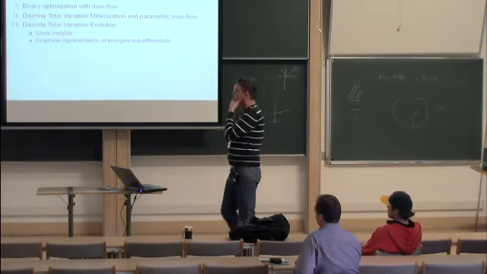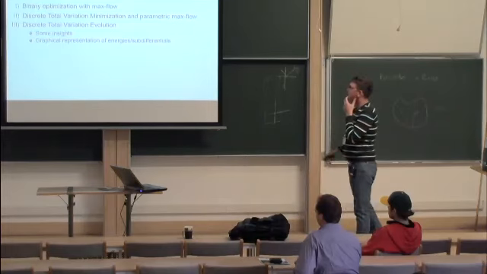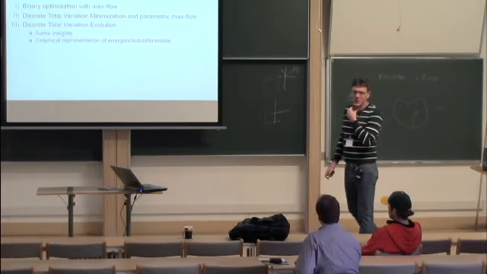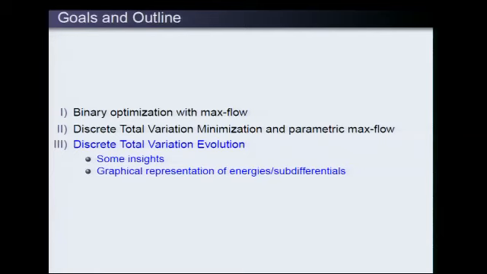Okay, so now I will try to give you some insights about when you want to do some evolution. So it's following the flow of the total variation. And essentially what I'm going to tell you is just more graphical representation, drawing some graph, and to tell you how you can do the analysis and actually compute exactly the flow.